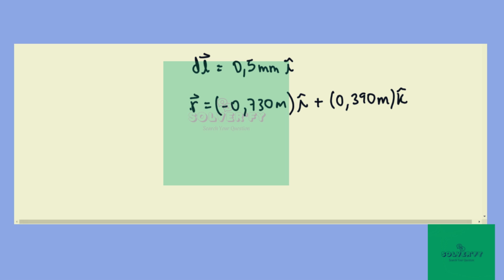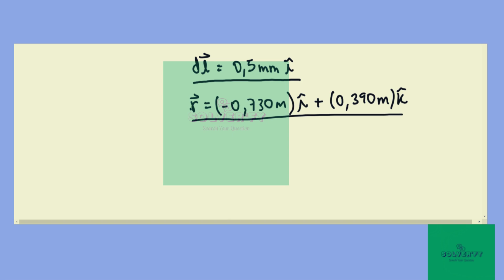Hi there. So for this problem, we need to calculate the magnetic field at a point P, which is located at this position. And we are given that the current element is this one in here.